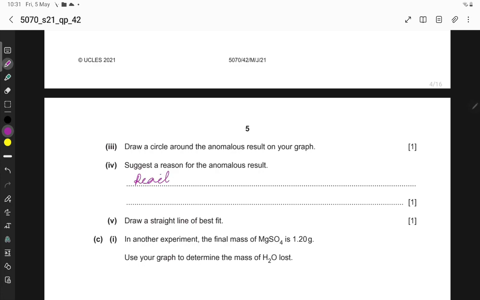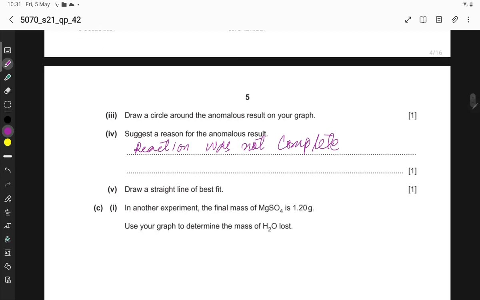Reaction was not completed, or you can say water is not completely lost.